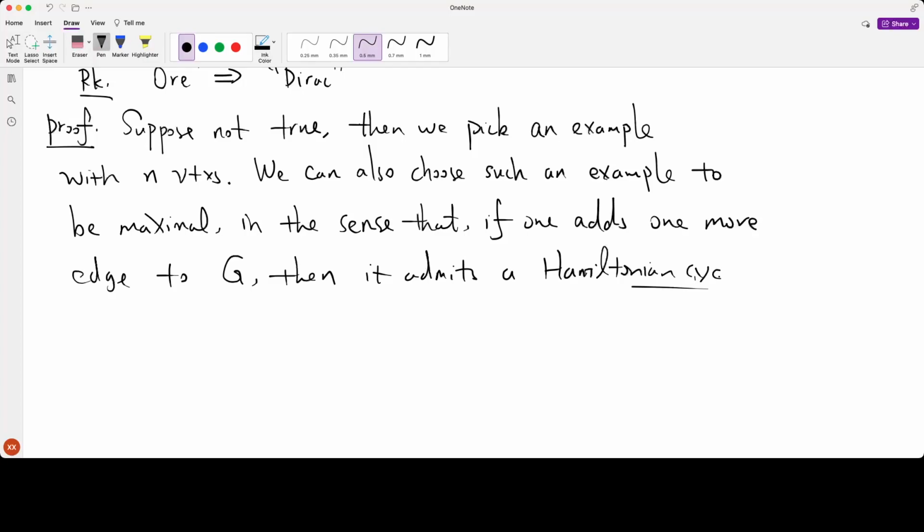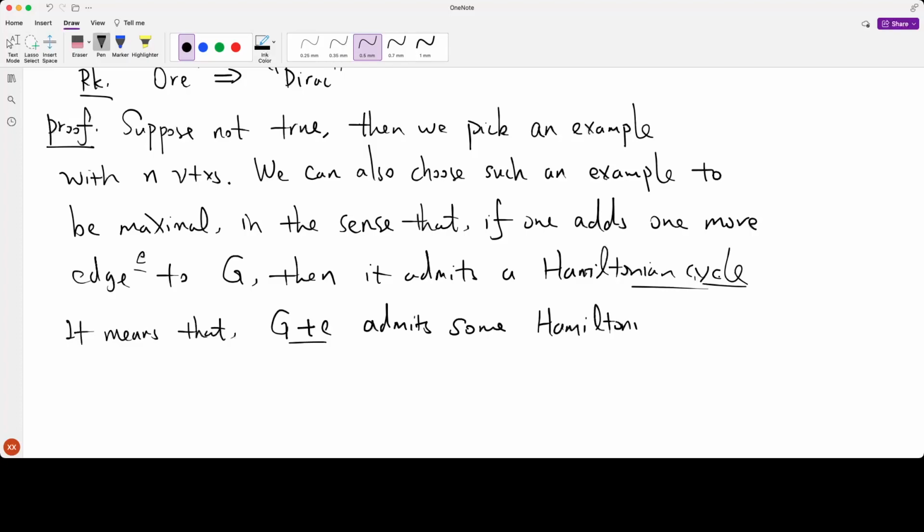So it means that G plus e admits some Hamiltonian cycle which contains the edge e.